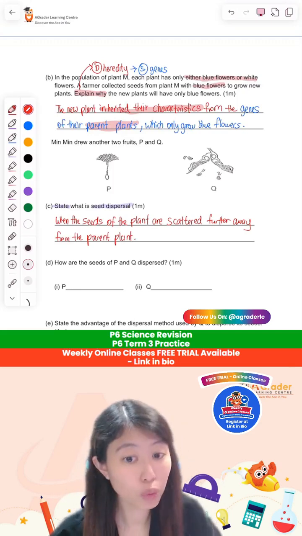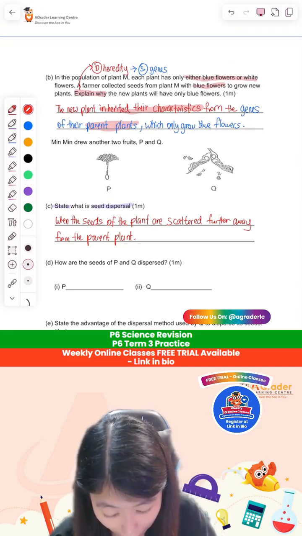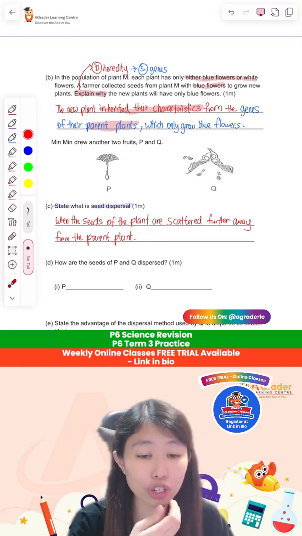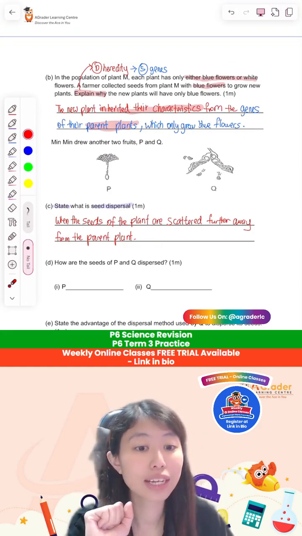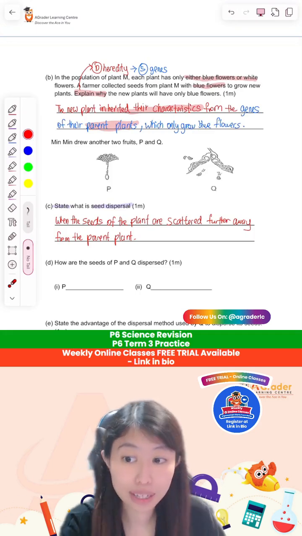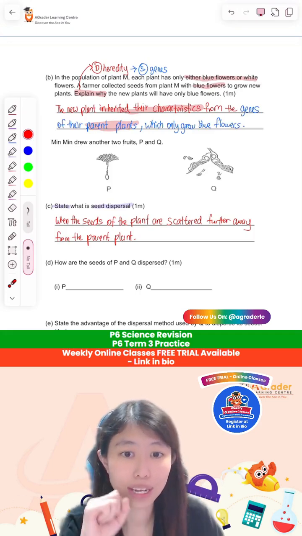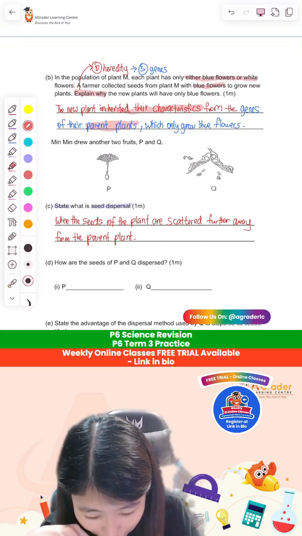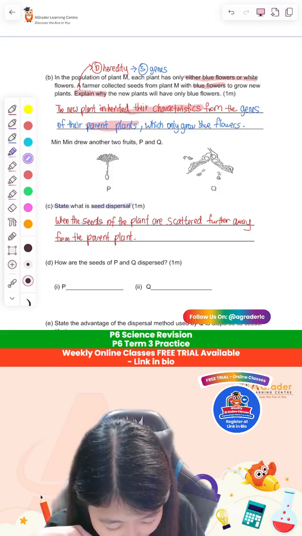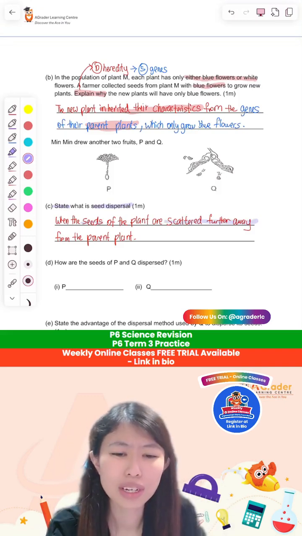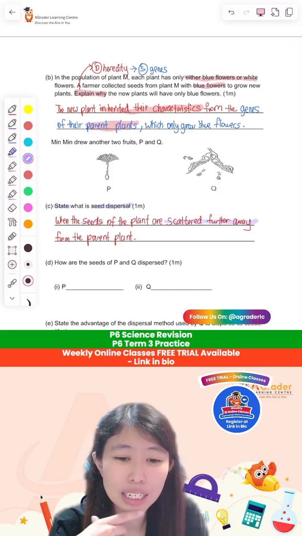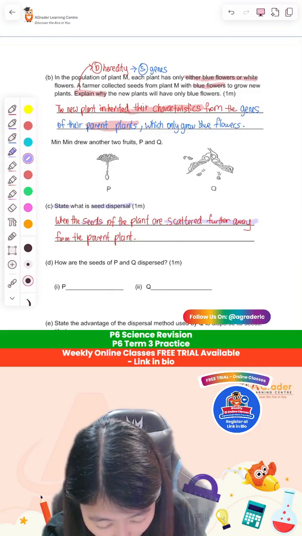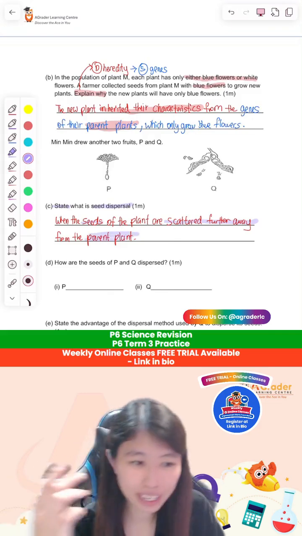If you want to add in at the back, to avoid competition, to avoid overcrowding and competition for the four things, it's fine also. But this sentence is the one that gives you that 1 mark. So the correct answer is the seeds are scattered further away. If you put moved further away, depending on how strict your teacher is, it's still accepted, further away from the parent plant. Okay?